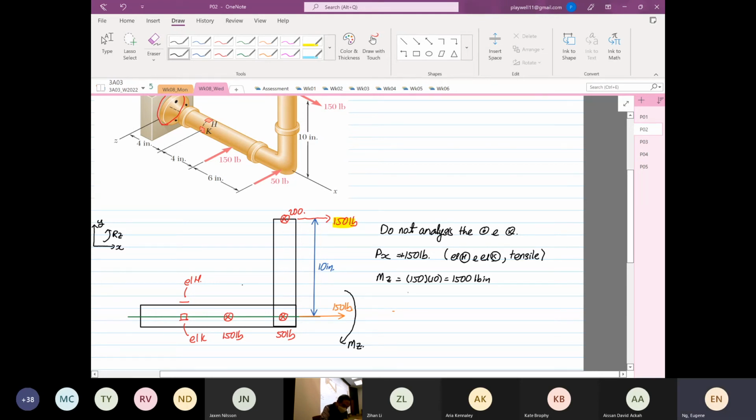Moment about Z, if we look at element H, is going to be tensile. And element K is equal to 0 because it's on the centroid.